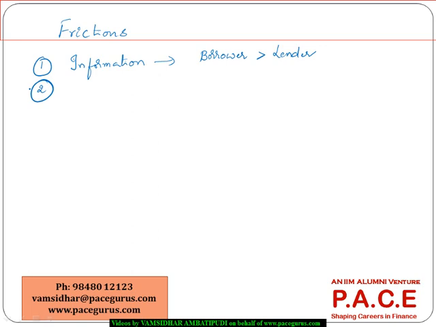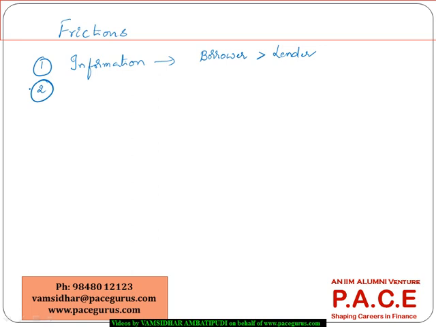The lender is exposed to risk, whereas the borrower has a liability or an obligation to pay to the lender. So it's very much possible that the borrower can use some information and probably try to default.